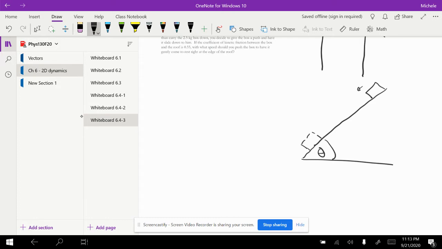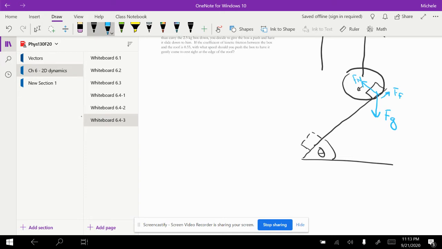I'm going to draw my boundary. So I've got the force of the normal here. I've got the force of gravity, going from the middle, like that. And I'm also going to have the force of friction, which, since it's going to be moving down the roof, is going to be opposite the motion. And I think that's it.